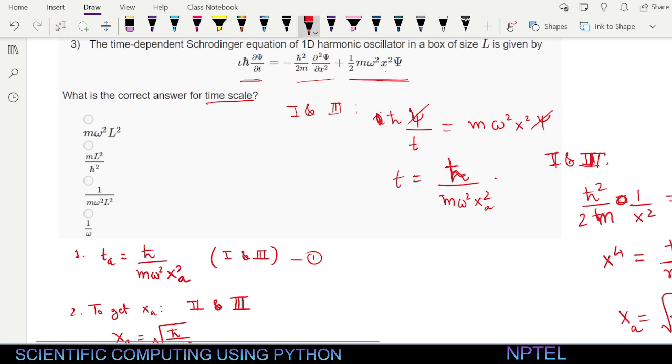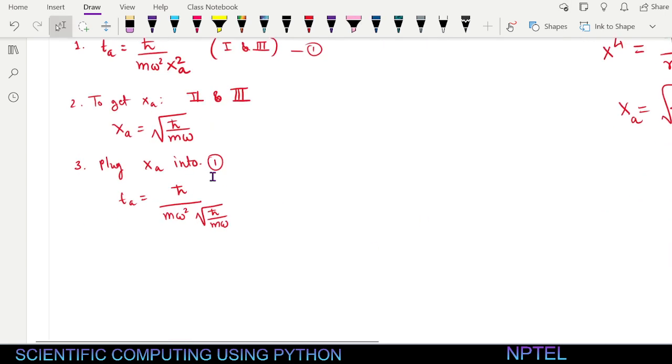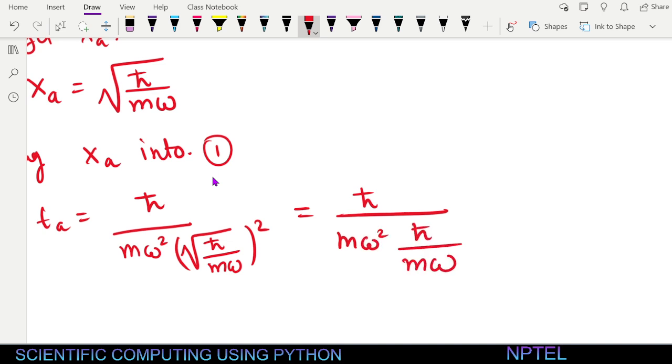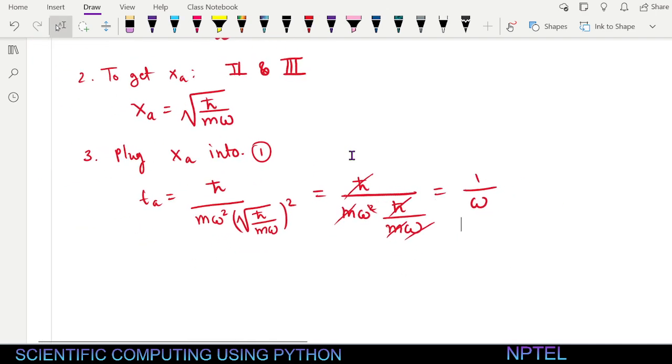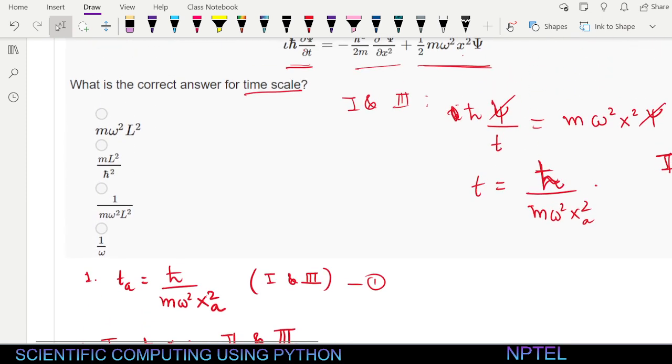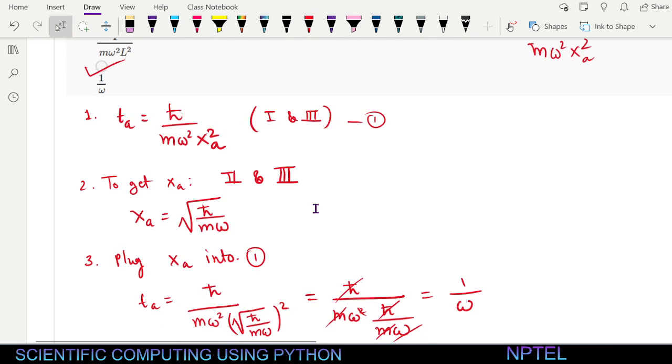Sorry, thank you, you saved me. So this is h divided by m omega square times h divided by m omega, so everything gets cancelled except one omega. So 1 over omega. And if you have studied physics for a long time, you know that omega is 1 over time. So the time scale is 1 over omega. That's the answer.